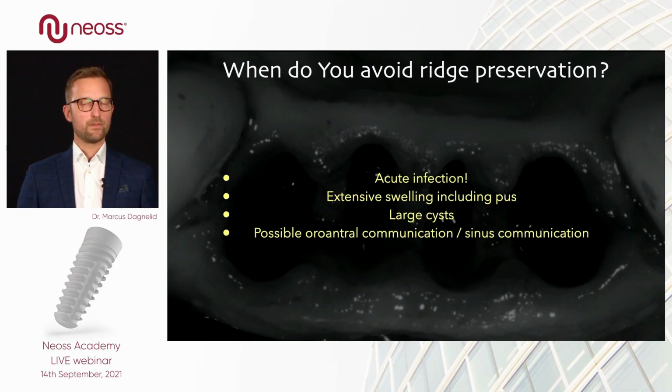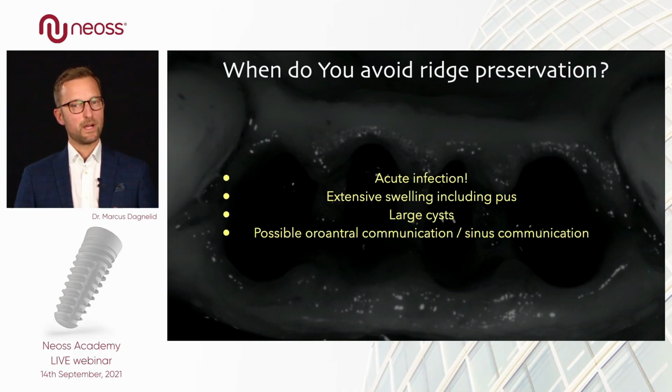So in cases where you have an acute infection, you have extensive swelling with pus, for example, large cystical lesions, it might be a possible oral-antral communication, so what we call sinus communication. So if you extract, let's say, a molar in the maxilla, you divide the teeth and you have a communication. Of course, we need to cover this before. So in those situations, we're not aiming for ridge preservation.